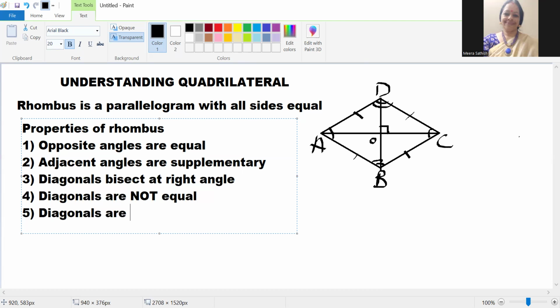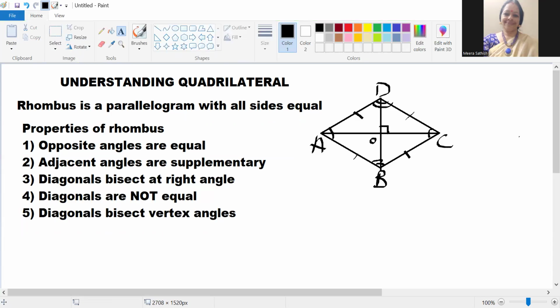diagonals bisect vertex angles. Did you understand? Okay, I'll explain that.